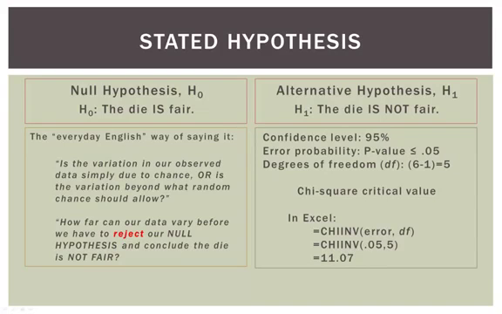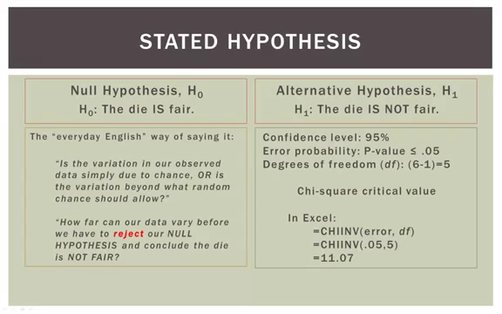Now we have a concept called the chi-square critical value. Well, what is that? The chi-square critical value is the threshold. It is the point where we just have to conclude that our variation is too great to be explained by chance alone, and therefore we'd have to reject our null hypothesis.